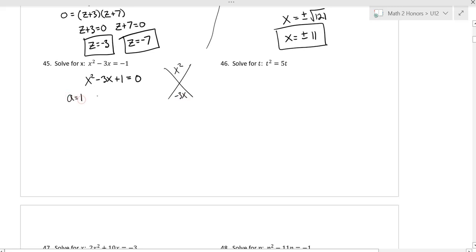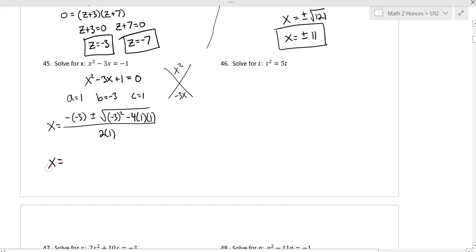So a is 1, b is negative 3, c is 1, and from memory, x equals negative b plus or minus the square root of b squared minus 4 times a times c all over 2 times a. And then go ahead and reduce that.